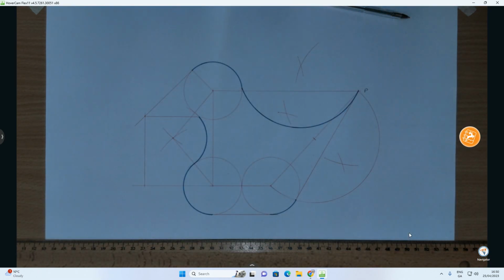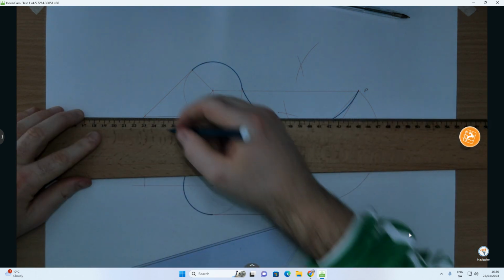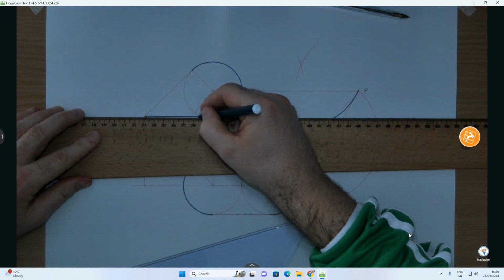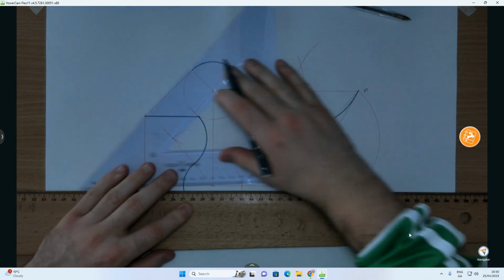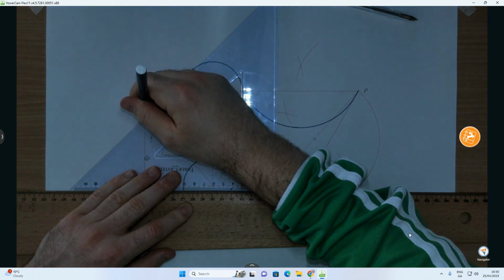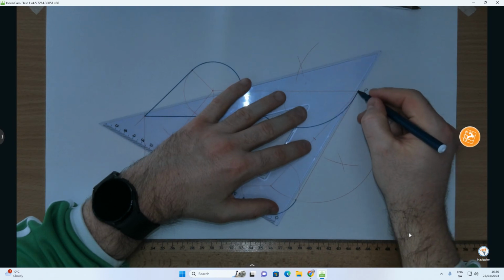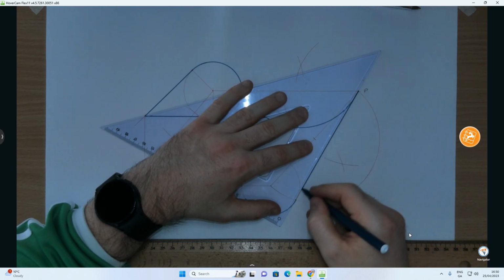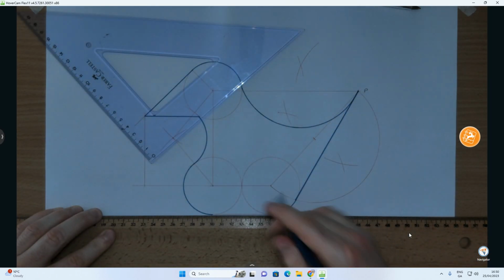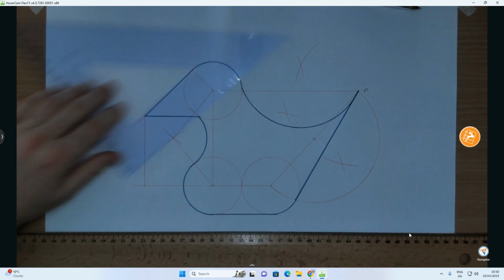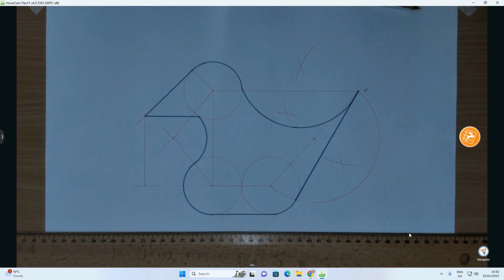Okay. And the last little bit I want to do, maybe the horizontal line, the 45 degree line, and tangent line. And then the baseline. And as you can see there, guys, I'll just turn on the lights there again. Apologies.